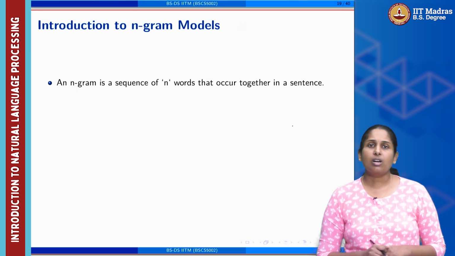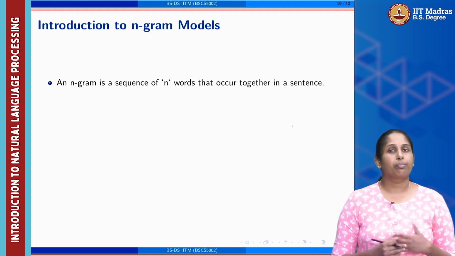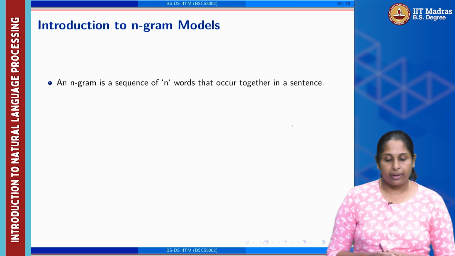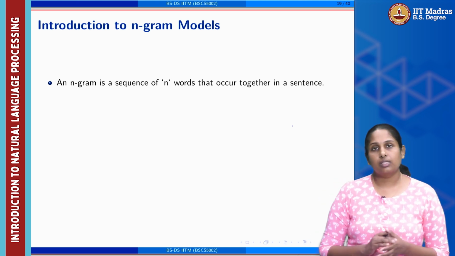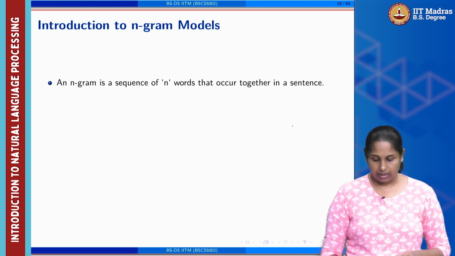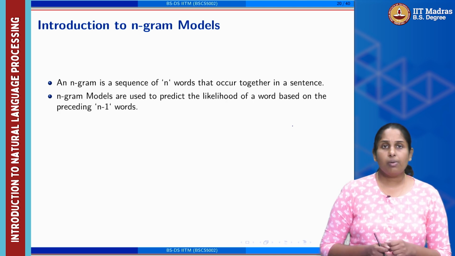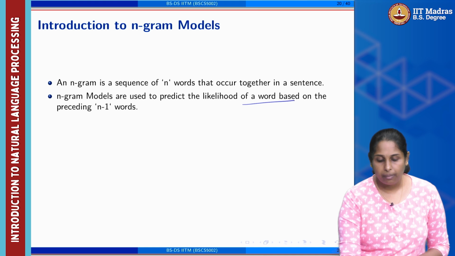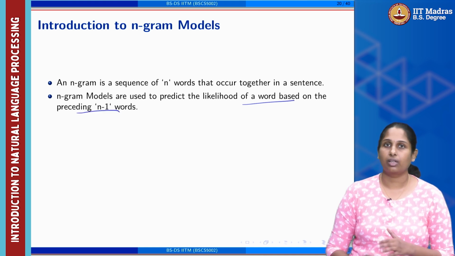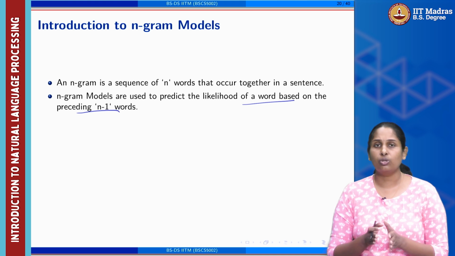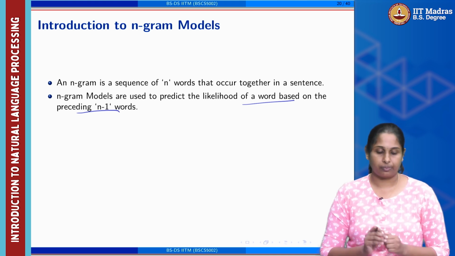Okay, let's talk about some of the models that are popularly used in distributional semantics. One is the n-gram model. An n-gram is a sequence of n words that occur together in a sentence. N-gram models are used to predict the likelihood of a word based on the preceding words. That means the likelihood of the n-th word is predicted through n minus 1 words.